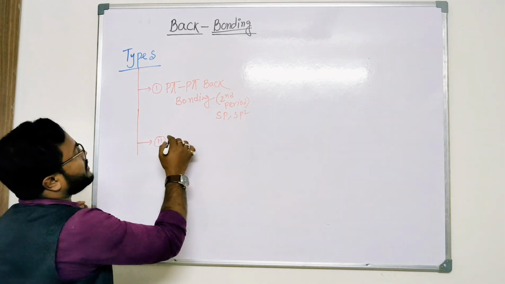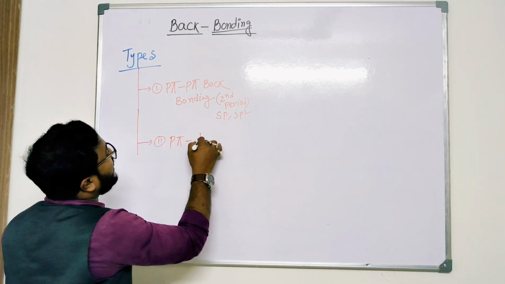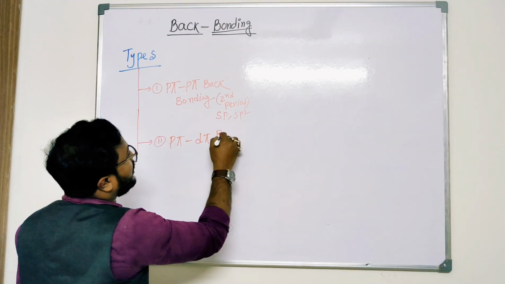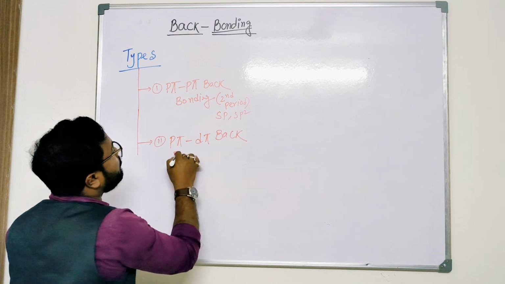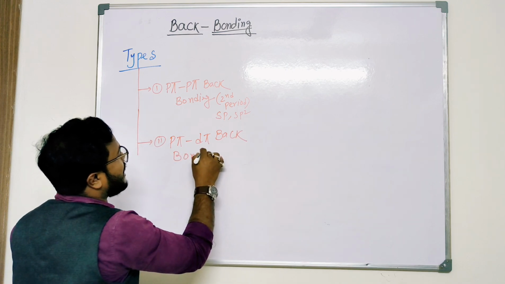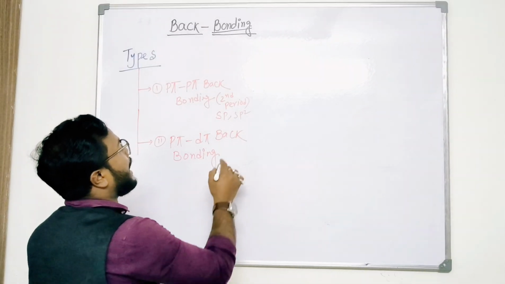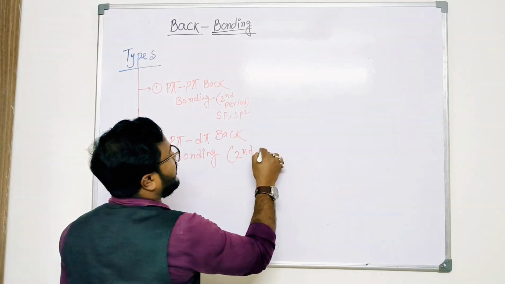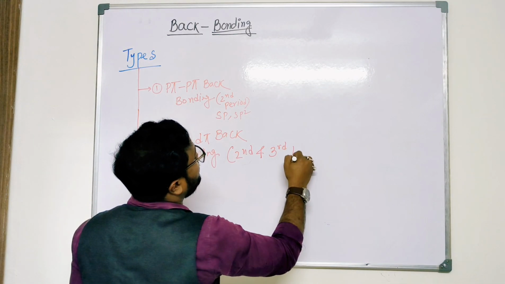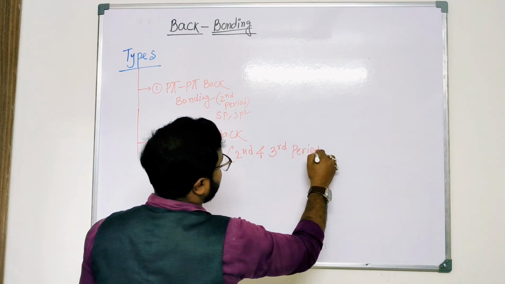The second type is p-pi d-pi back bonding. This part is most asked in exams. It happens between second and third period elements.